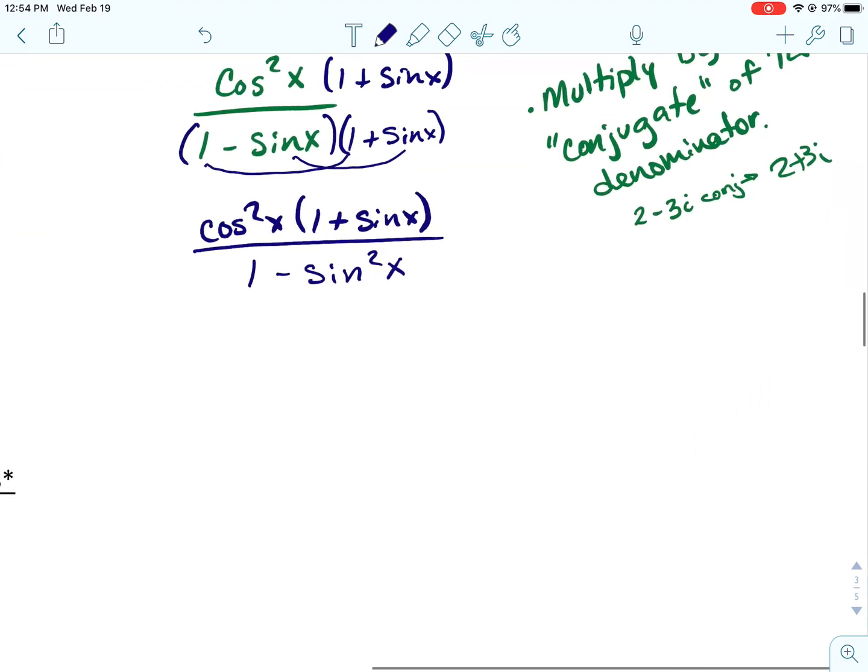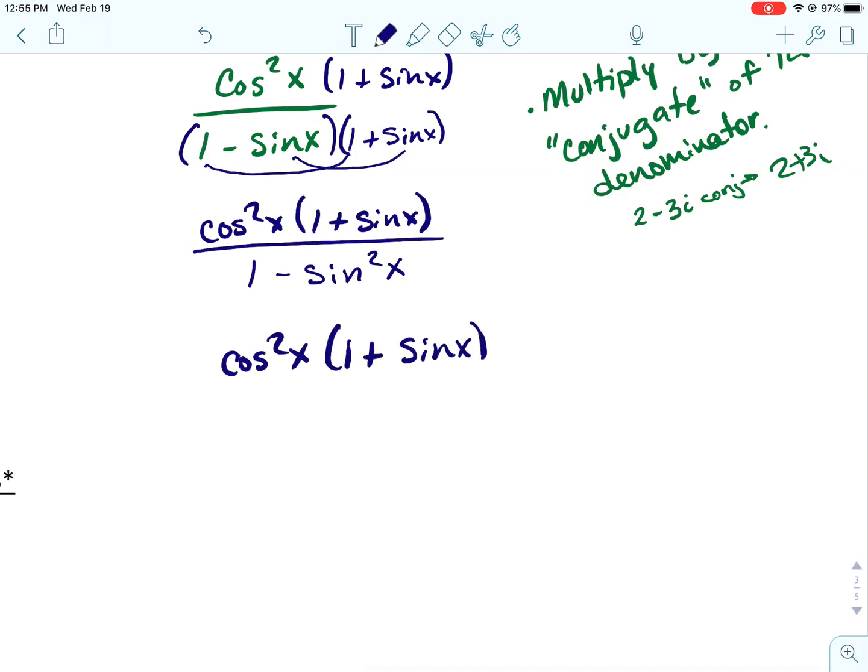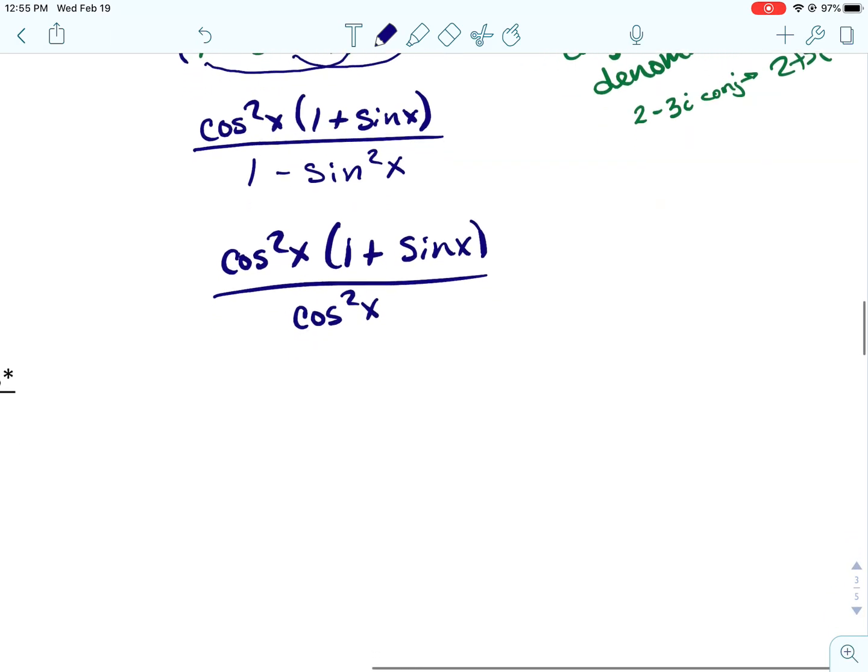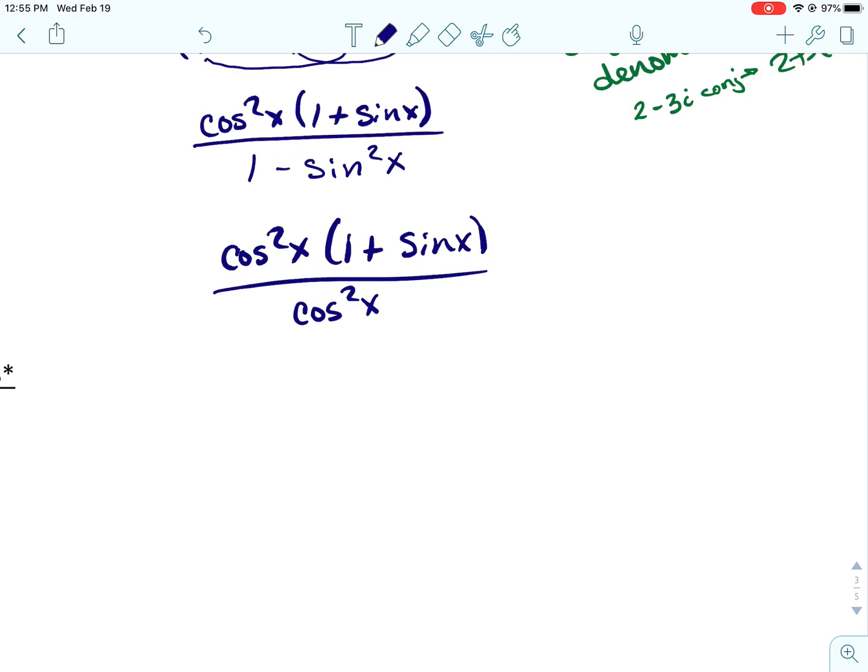It does: cosine squared of x. So let's replace it with that. Right, and then this is exactly what we want to happen. The cosine squared of x's will cancel out, and we're just left with 1 plus sine of x, which is not a fraction. That's what we were looking for.